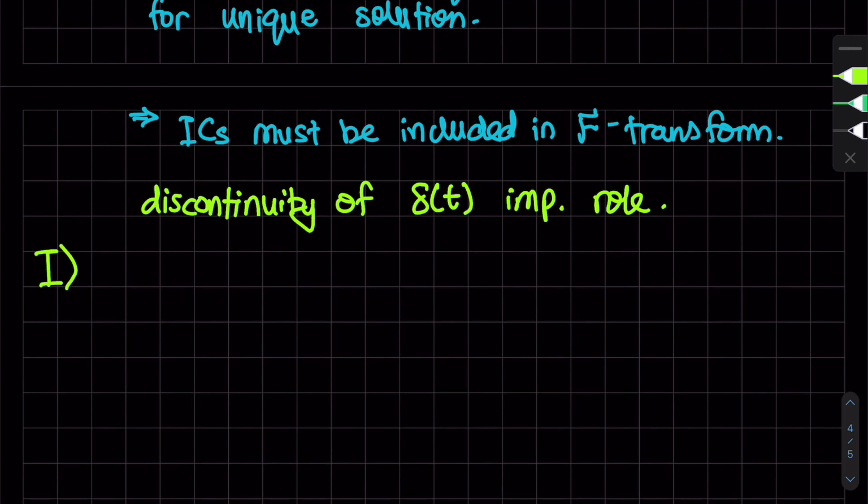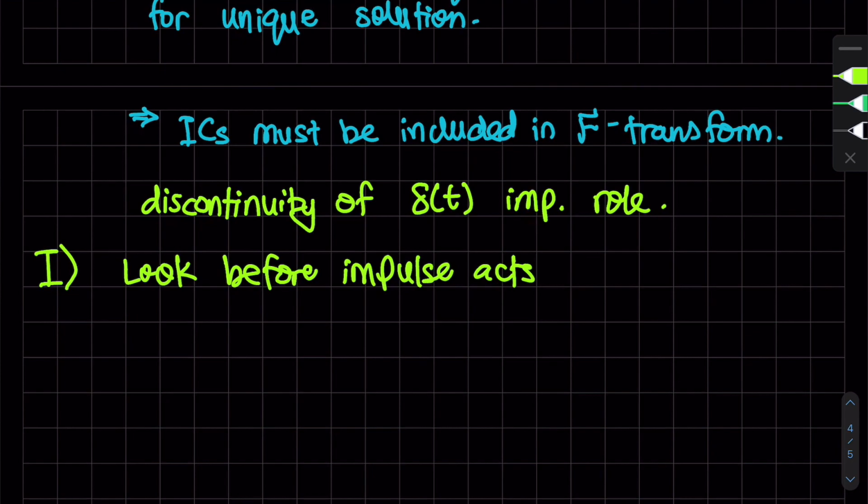Perspective number one is to look before the impulse acts. That's at 0 minus, which is basically an arbitrarily small time before zero, right before the impulse acts.